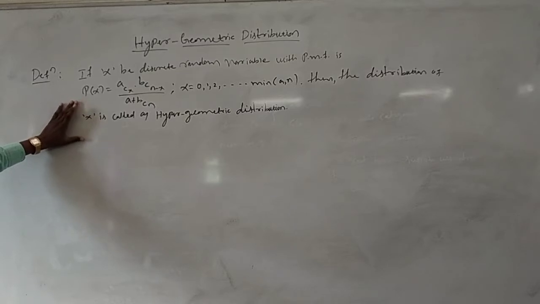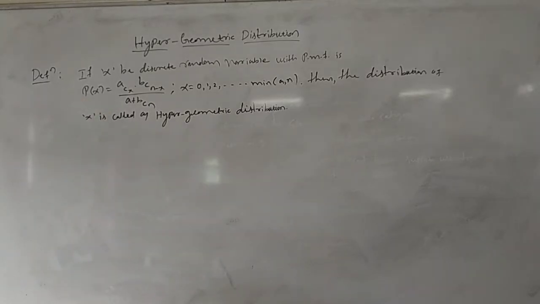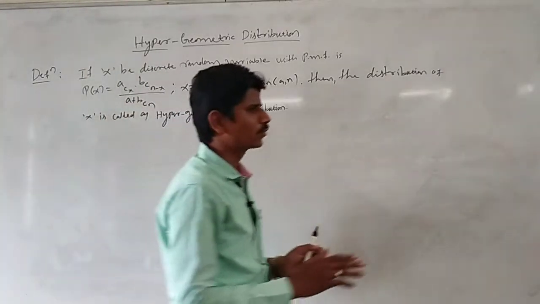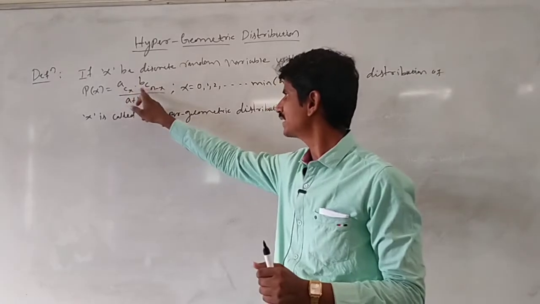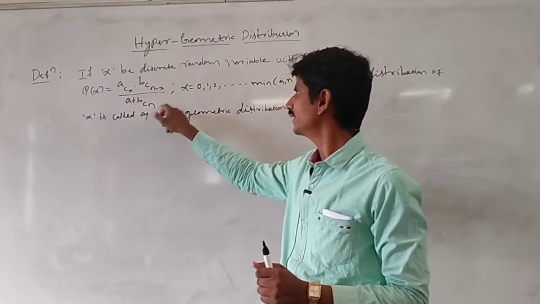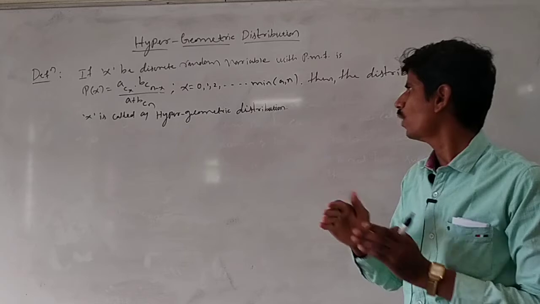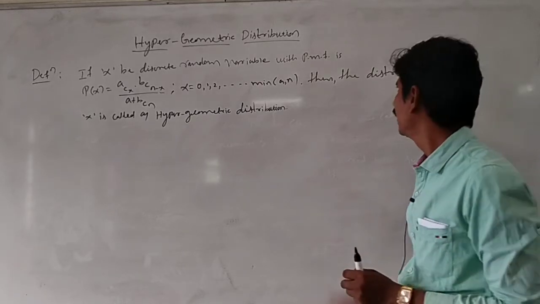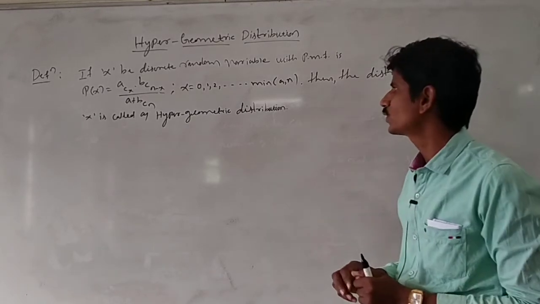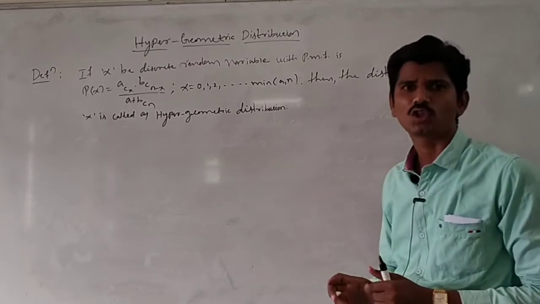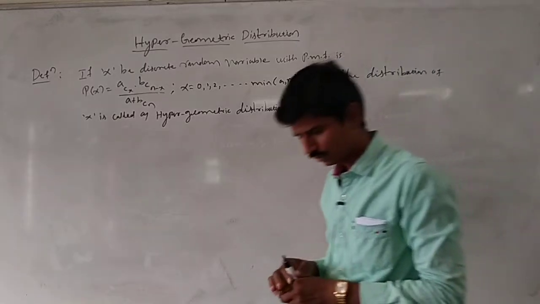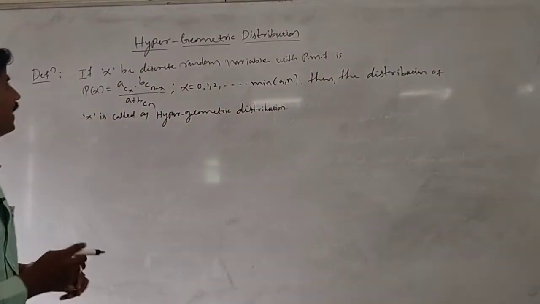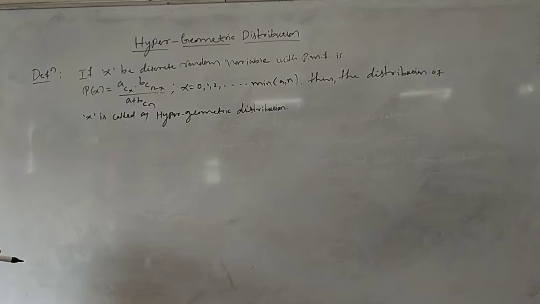Let's write it once again. If x is a discrete random variable with the probability mass function P of x equal to ACX into BC n minus x divided by A plus B Cn, and x takes the values 0, 1, 2, up to the minimum of A comma n, then the distribution of x is called a hypergeometric distribution or hypergeometric variate.